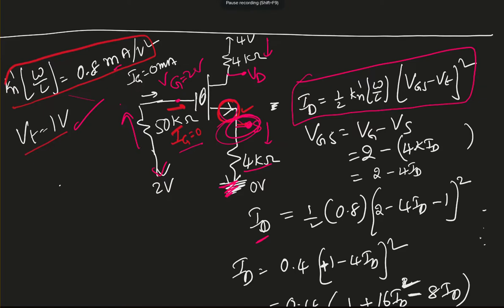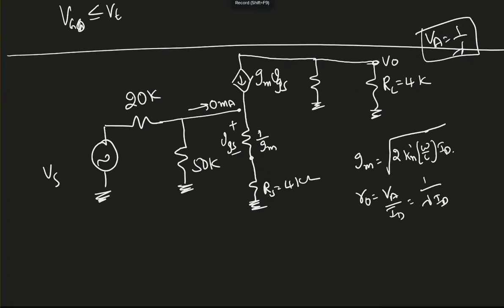If you can solve an example by using the pi model, for sure you can solve it by using the T model, but the pi model is easier for the calculation. So that's the reason, if it is possible, we will use the pi model. In this example, my source is not grounded while doing AC analysis, so we have to do the T model. So here is the AC analysis equivalent circuit.